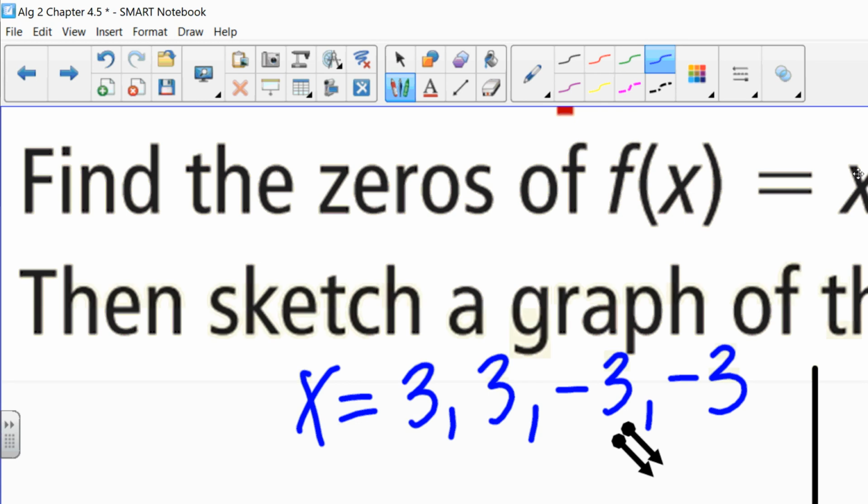I do know that it's going to hit this point and this point here, and eventually start coming up. It's got to come back up, and we get this kind of shape, yes? Something like it. Go on and hit graph and see what we get.